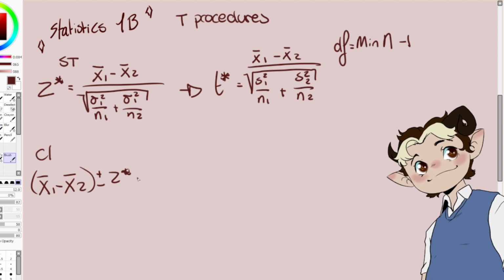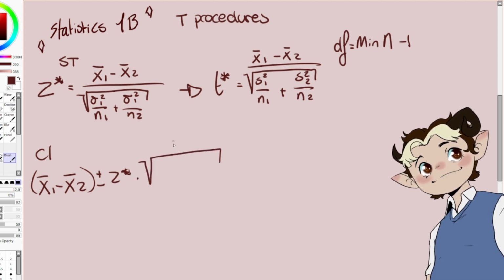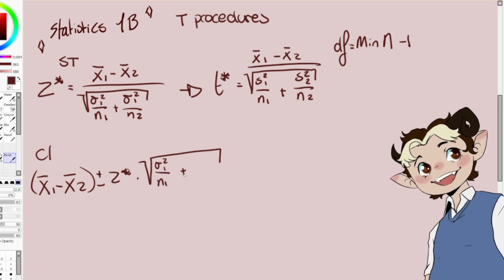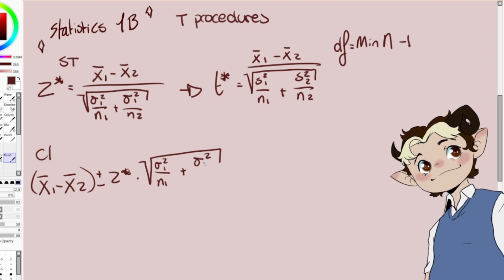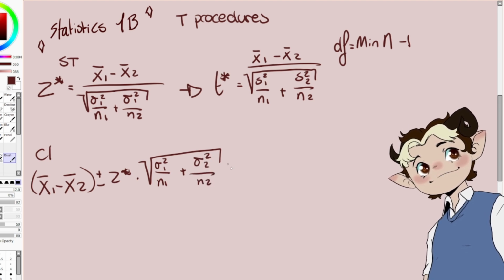Then when it comes to the confidence interval, we used to have x1 minus x2 plus minus z times the square root of standard deviation squared divided by n1 plus standard deviation squared divided by n2.